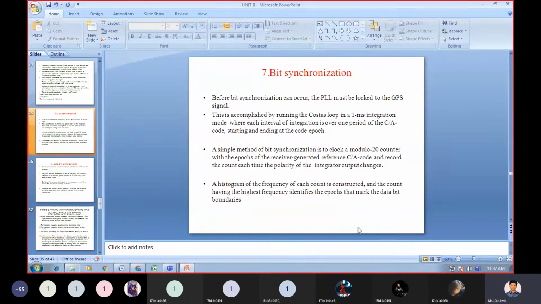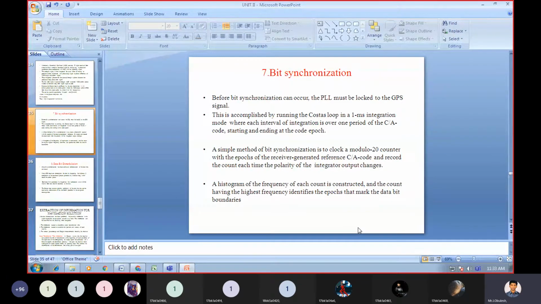Before bit synchronization can occur, the PLL must be locked to the GPS signal.